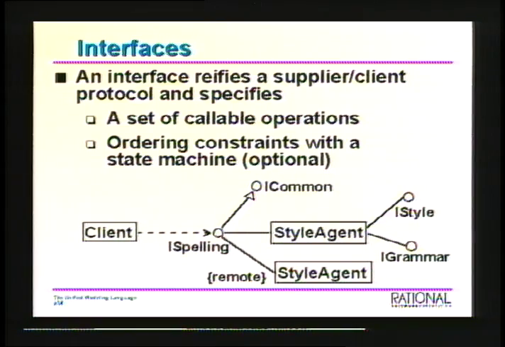So an interface icon represents a set of operations that are supplied, and in a more complex situation, possibly an ordering in which they can be applied. That ordering could be specified as a grammar or as a state machine. But certainly the vast majority of them will simply be lists of operations that can be called.